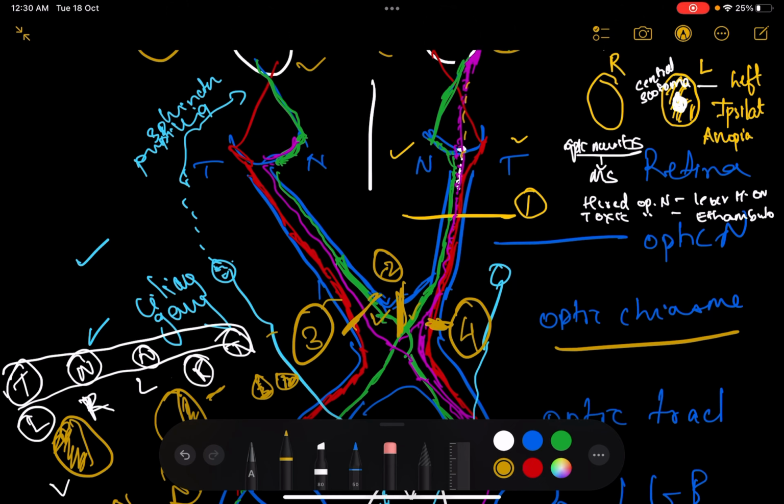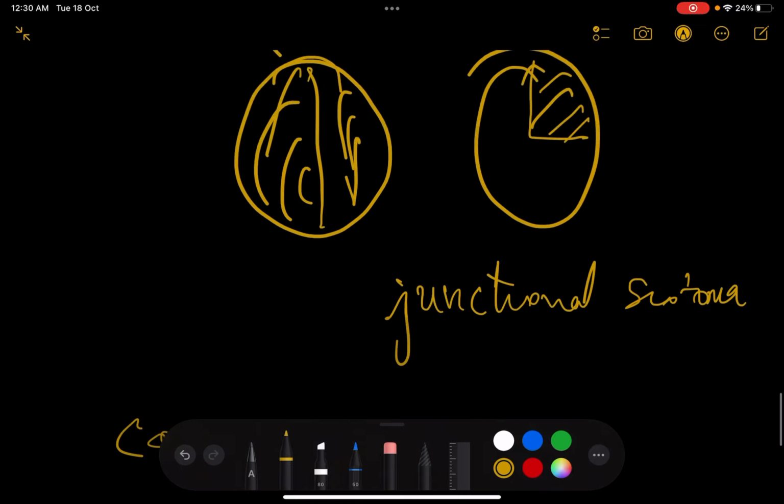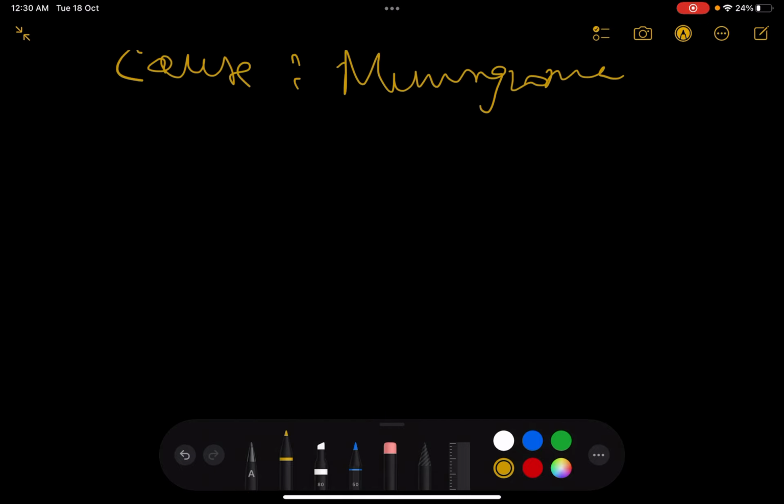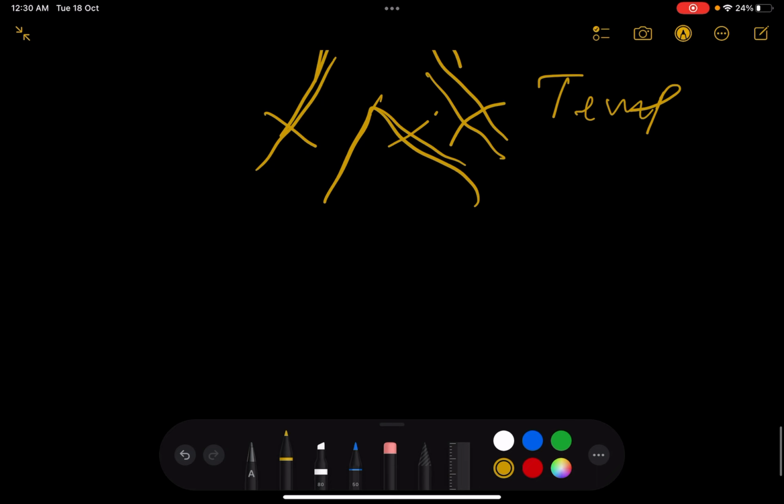So the lesion in the lateral part of the optic chiasma is basically involving these fibers, this fiber and this fiber. That means the temporal fibers, the left temporal fiber and the right temporal fiber. Correct? I hope you've got that, and I hope it's easy now to understand.